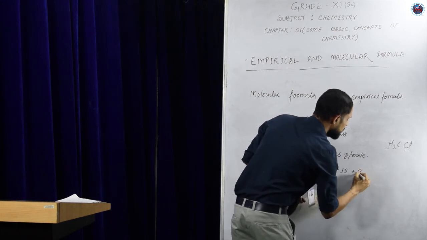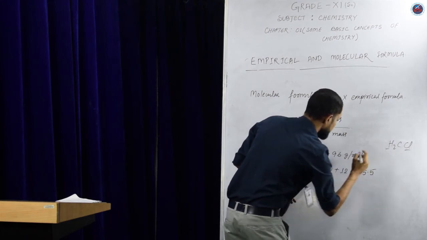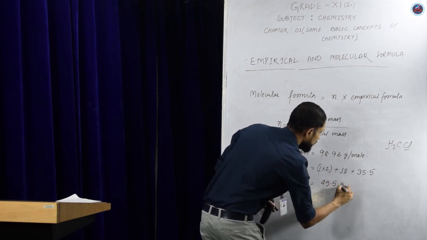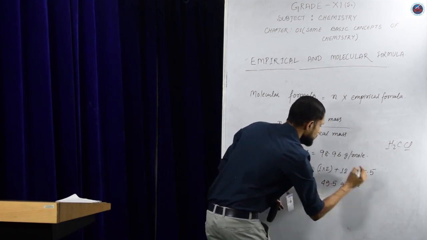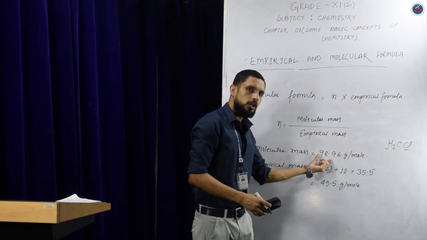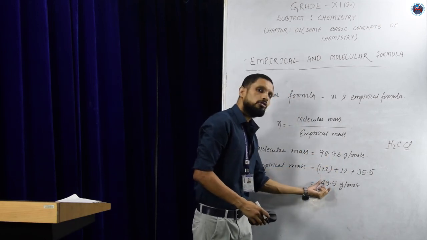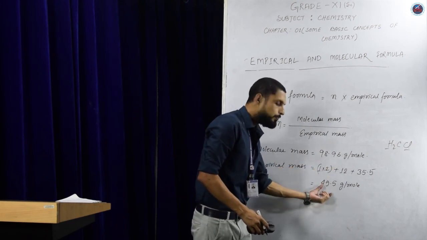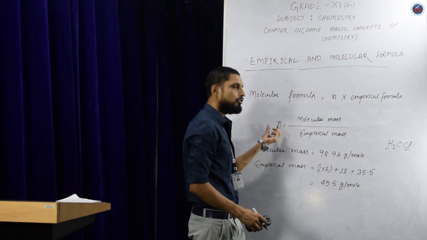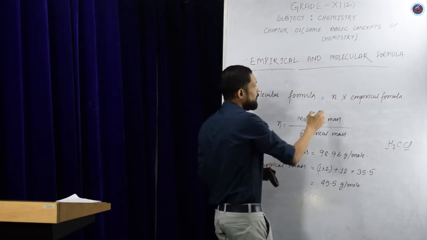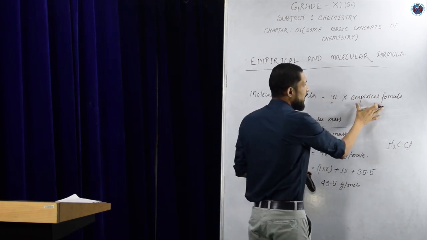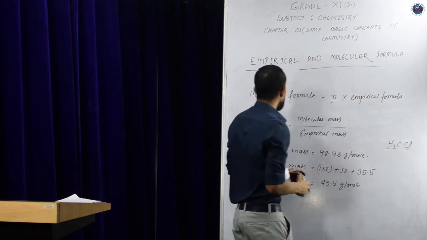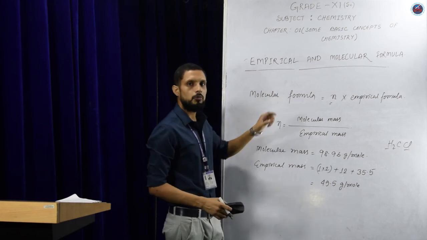Chlorine atomic mass is 35.5. So if you calculate, you'll get 49.5 gram per mole. So we have the molecular mass and the empirical mass. Using them, you'll calculate N, and then we'll put the value of N here and multiply it with the empirical formula, H2CCl, and you'll get the molecular formula.